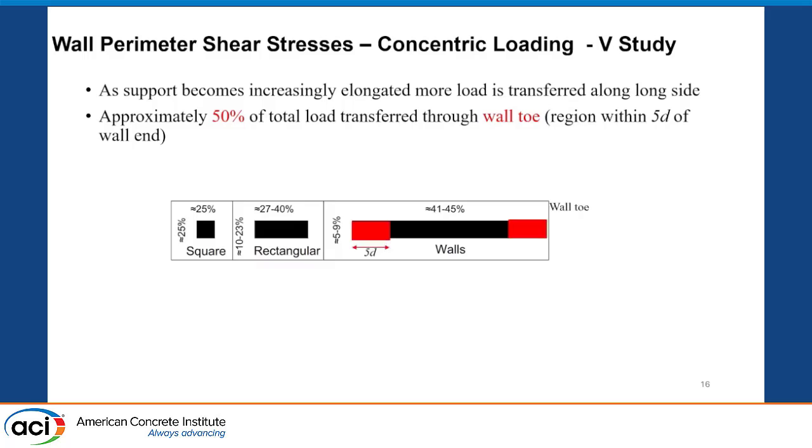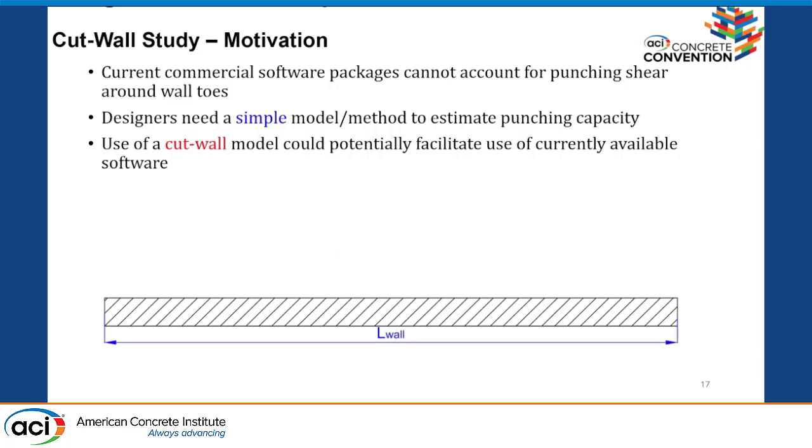But if you calculate it correctly, the tips, both toes, carry 40 to 50% of the total load, both of them. So each of them, 20-25% of the load applied to the tributary area, will go to these tips of the wall.